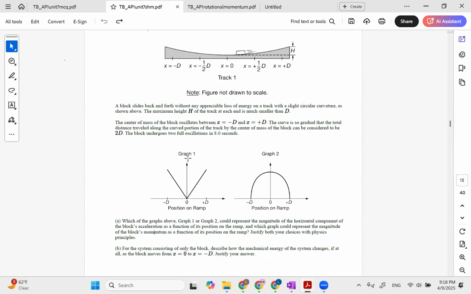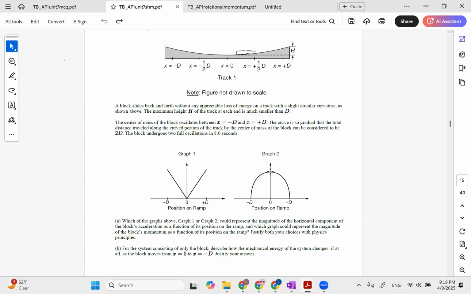So graph 2 is momentum. So why is momentum not a straight line? The velocity is not linearly proportional to x, right? So you all know that when x equals 0, it has a maximum kinetic energy.